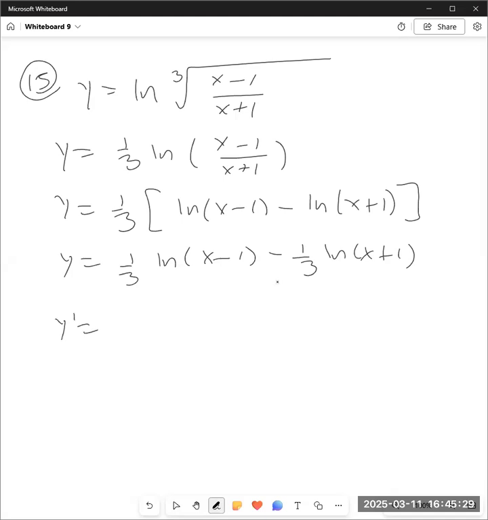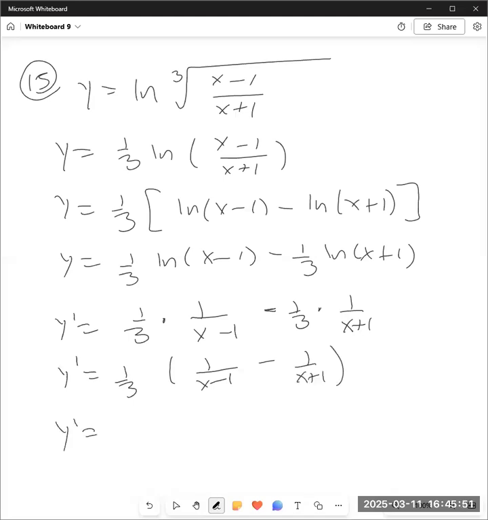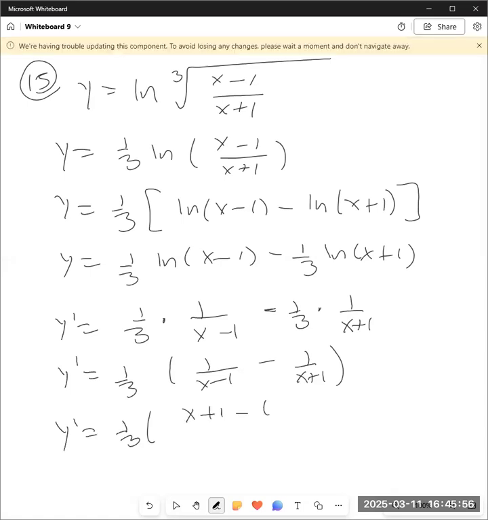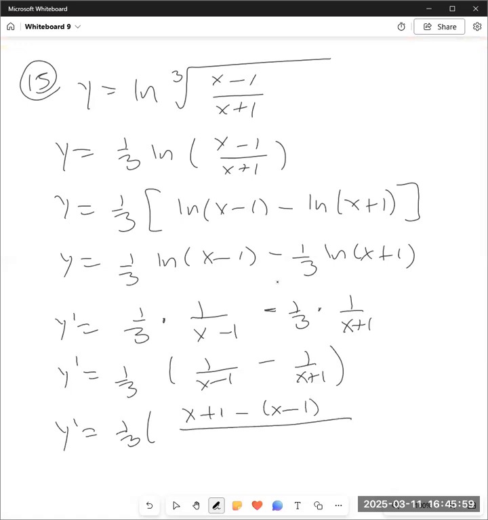So y prime is going to be 1/3 times 1 over x minus 1 minus 1/3 times 1 over x plus 1, or y prime is 1/3 times 1 over x minus 1 minus 1 over x plus 1. If we want to make a common denominator there, we have x plus 1 minus x minus 1 over x minus 1 times x plus 1.